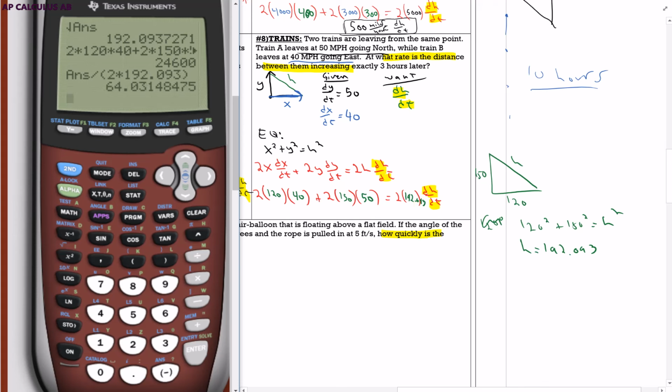And we get 64.031. Remember, 3 decimal places in calculus, round or truncate. This is what dh dt is going to be. And h is measured in miles, time is measured in hours, so miles per hour. Or you can write mph if you want. And that's how that one goes.